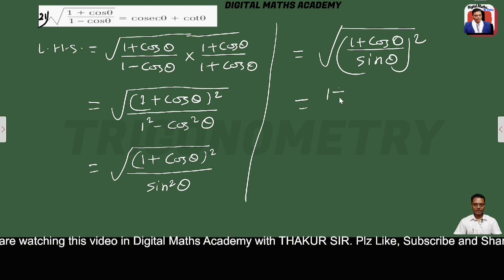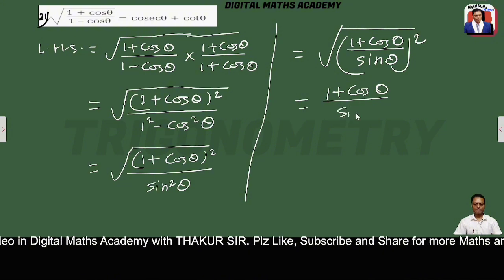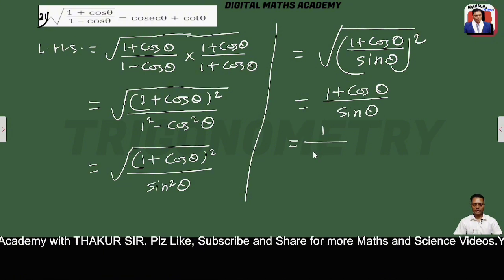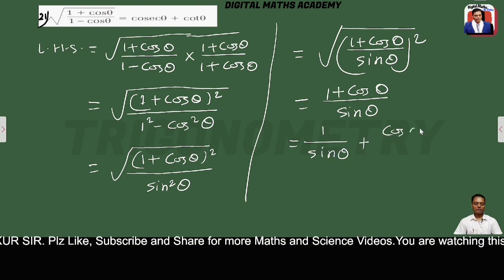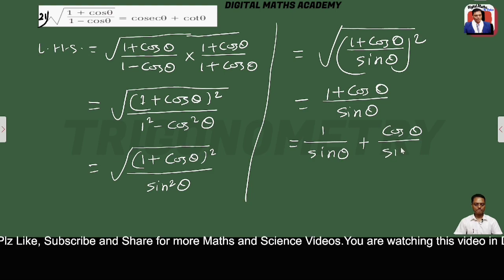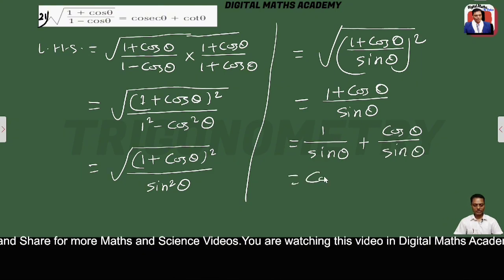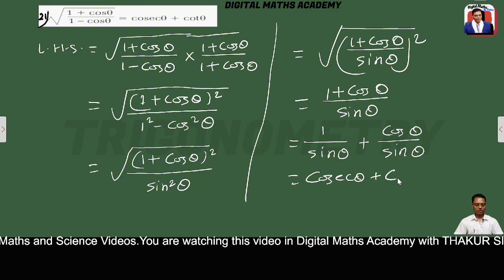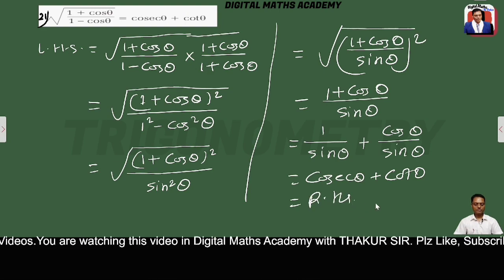So we can write 1 plus cos theta over sin theta. Now we are going to separate the base: 1 by sin theta plus cos theta over sin theta. And 1 by sin theta gives us cosec theta, and cos theta by sin theta gives us cot theta, which is our right hand side. Proved.